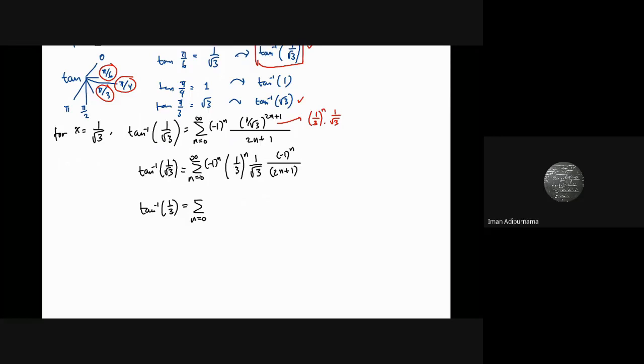And then we are writing, this is the alternate sign. And then 2n plus 1 here. Let's move here.